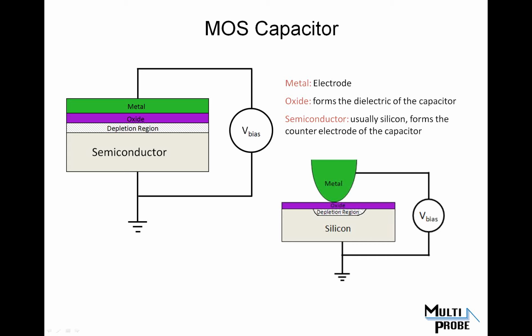And the right-hand diagram simply shows changing a large metal gate structure down to a probe tip. So this was always the kind of picture we would show in order to demonstrate the difference between scanning capacitance and MOS test structure measurement.